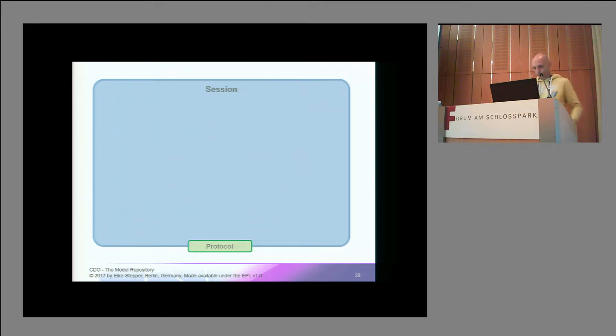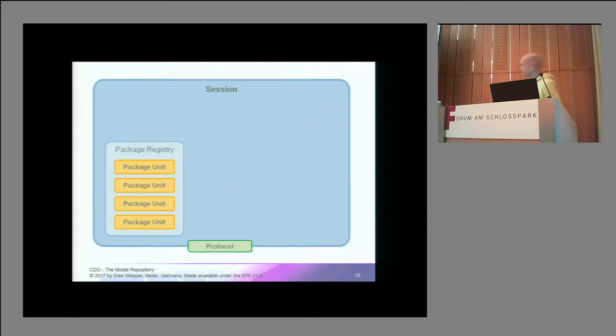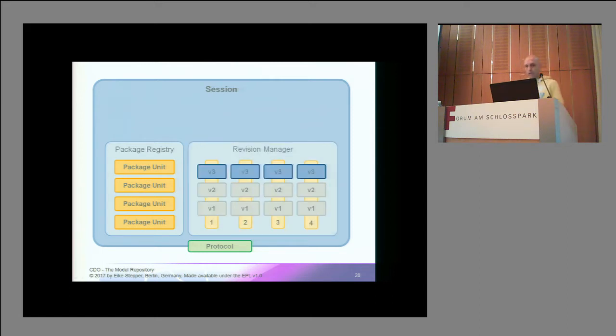This CDO session that we saw is based on this Net4j protocol, which you see here. It has, among other things, a lazy package registry where you can access all the packages in the server. And one of the most important facilities is the revision manager.